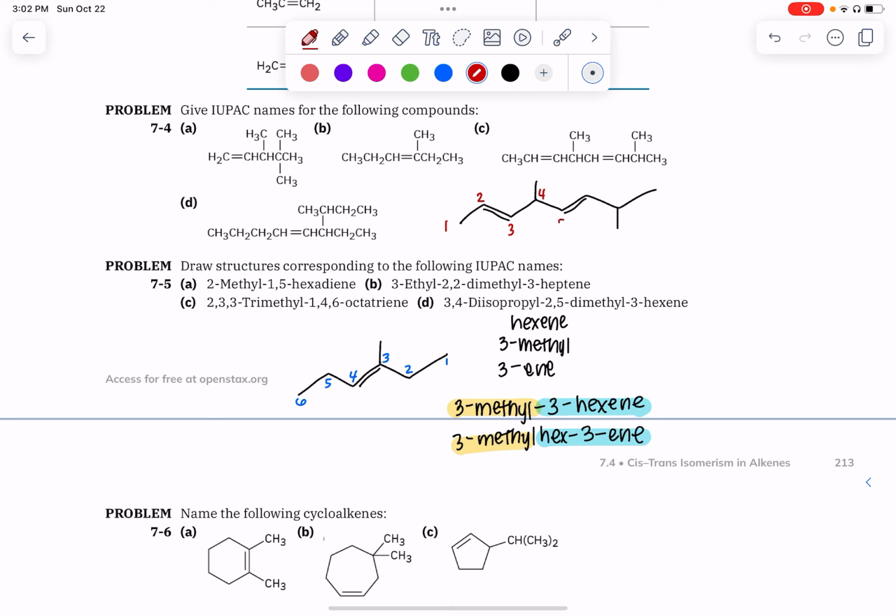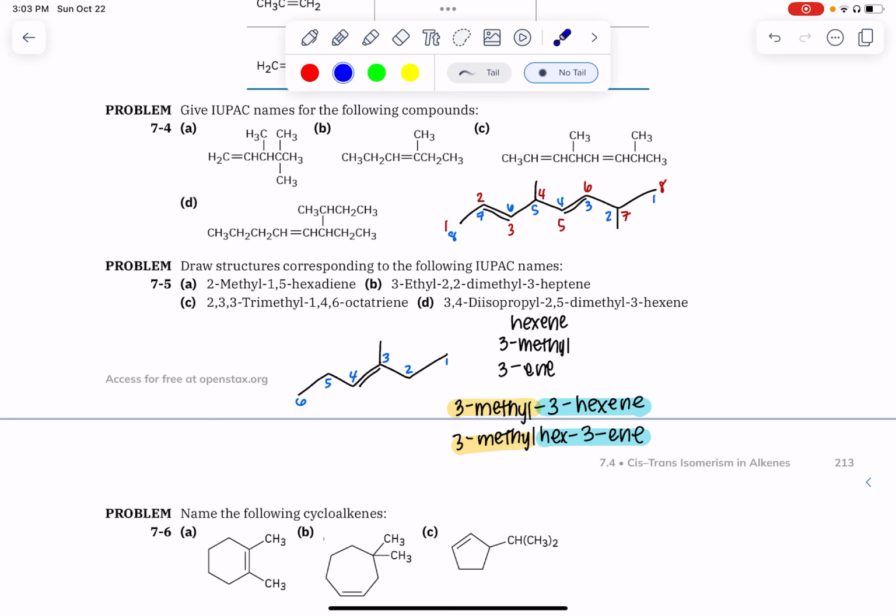1, 2, 3, 4, 5, 6, 7, 8. And I'll number it the other way just to double check. 1, 2, 3, 4, 5, 6, 7, 8. Okay. So on this side, the red side, I've got 2 as my locant for this bond.